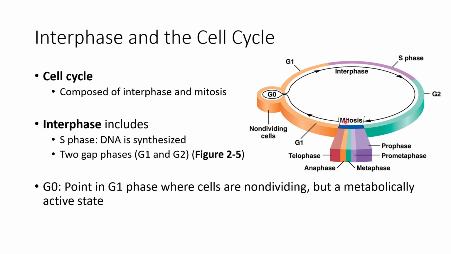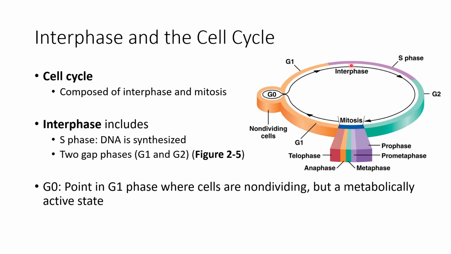We can divide interphase into three main parts. We have the gap 1 phase, the gap 2 phase, and between these we have the S phase. During gap 1, the cell is essentially growing and getting ready to be able to divide.